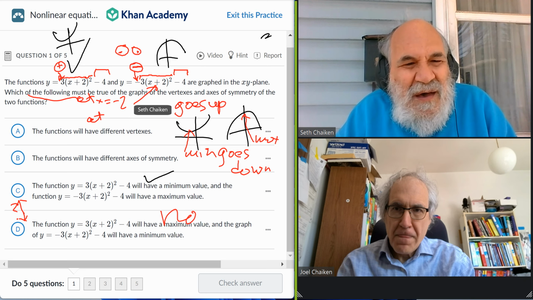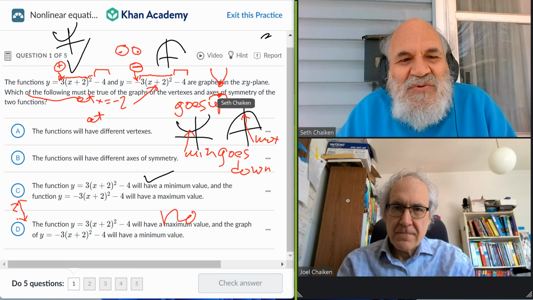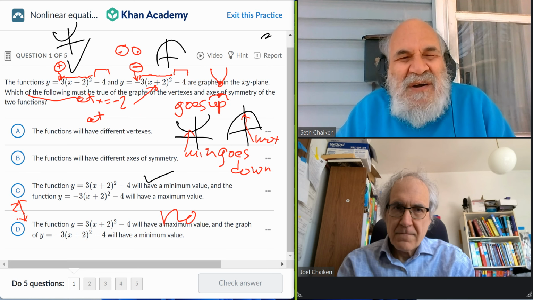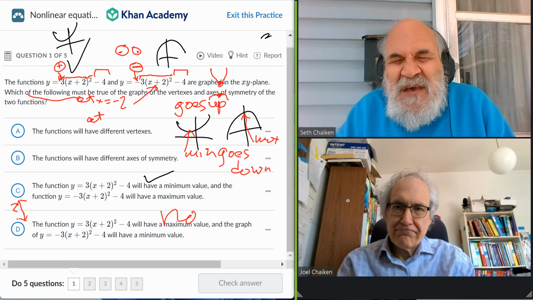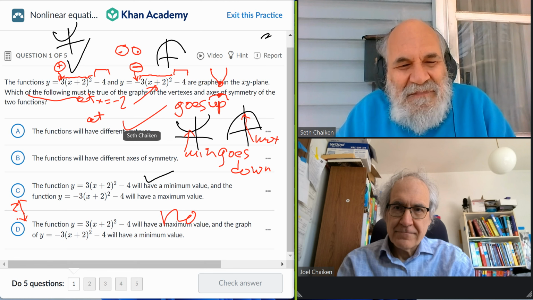However, we have to rule out the possibility that one of them looks like this and one of them looks like that, with two different vertices. That's not the case because for both of them, when the square term vanishes, what's left is -4. So they are equal.